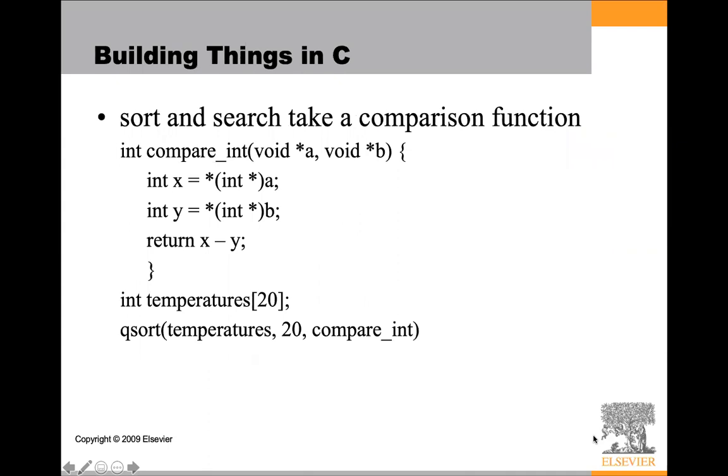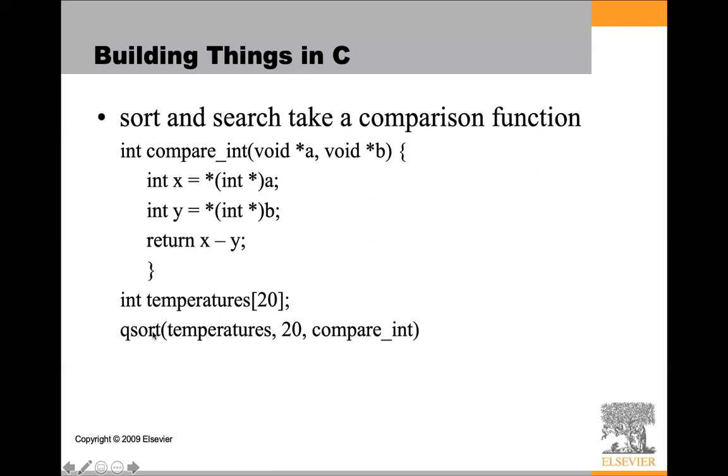And you're used to dealing sometimes with a version of higher order functions in C, where you have to pass in a comparison function to something like qsort. So here in C, I am comparing two ints and returning their difference. And then I'm sorting this temperatures array.